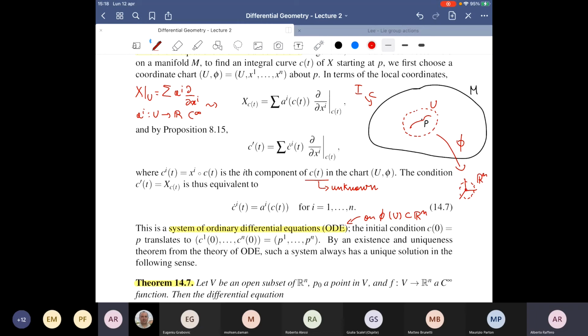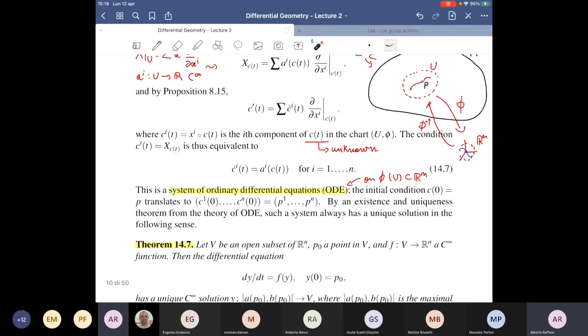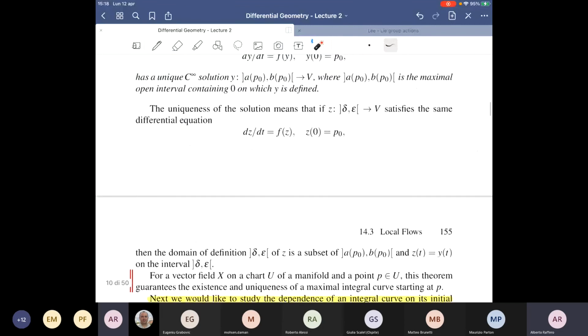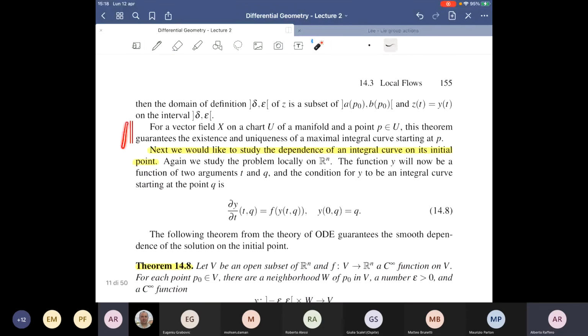Here we have solved our ODE, so we obtained the solution, and once we have obtained the solution, we bring it back with phi^-1 to the manifold. So as you can see, we have used a result of analysis to solve this problem that had, if you want, a more geometric flavor, at least from the beginning. So this is precisely what we did here.